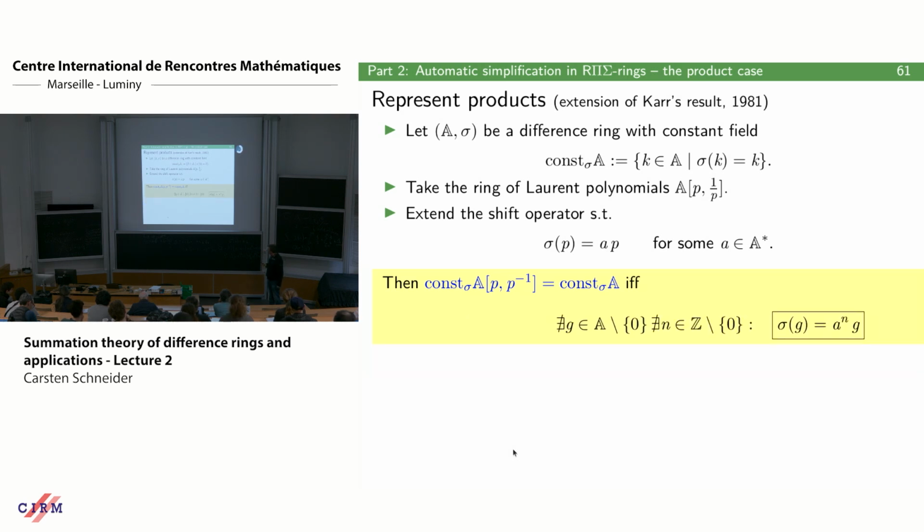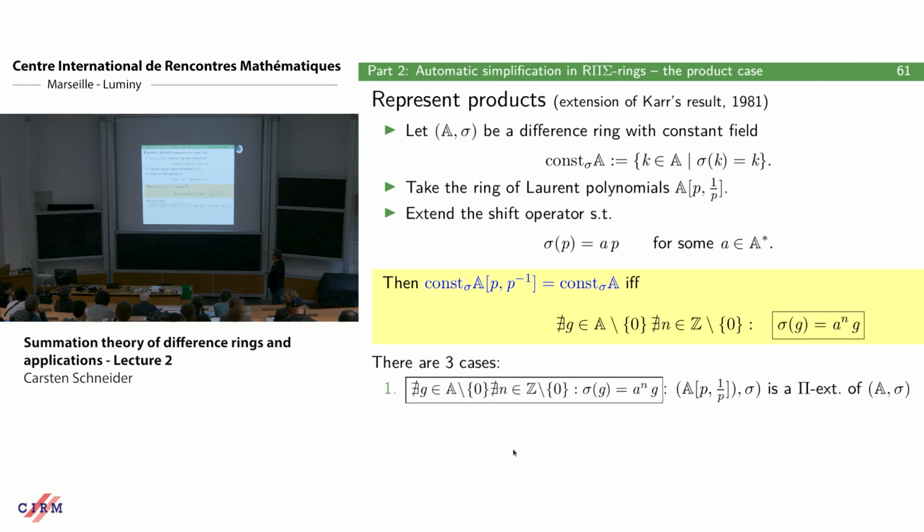The situation is there does not exist a g, and there does not exist an integer n, not being 0, such that I can also raise the multiplicand by a certain power. This gives an extra complication. Only if this is the case, I know it's a pi extension. And there are now 3 cases.